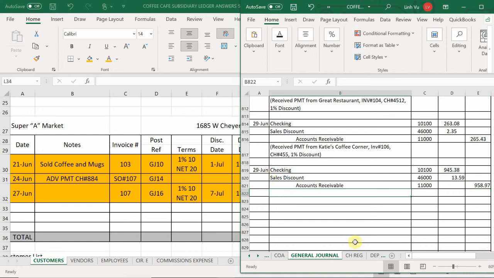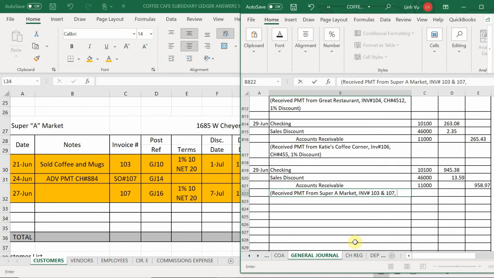Once again, this is going to be received payment from Super A Market, invoice number 103 and 107.